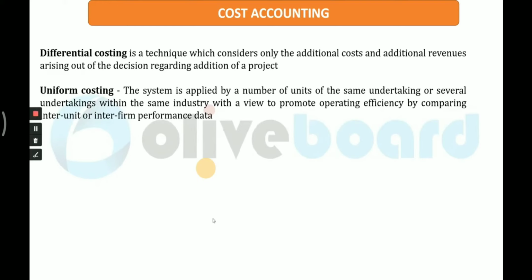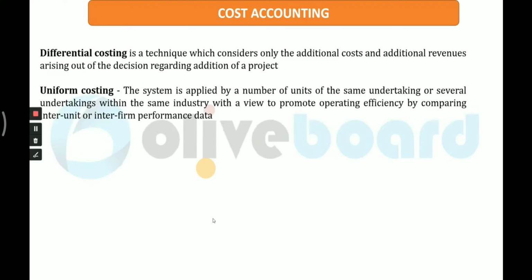These are various techniques, guys. Just as you have various formulas in your maths and science, the same way we have various techniques to understand or make decisions in cost accounting. All right. So first, what we saw is marginal costing, standard costing, absorption costing, differential costing, and uniform costing. These are all various techniques used in cost accounting for various purposes.